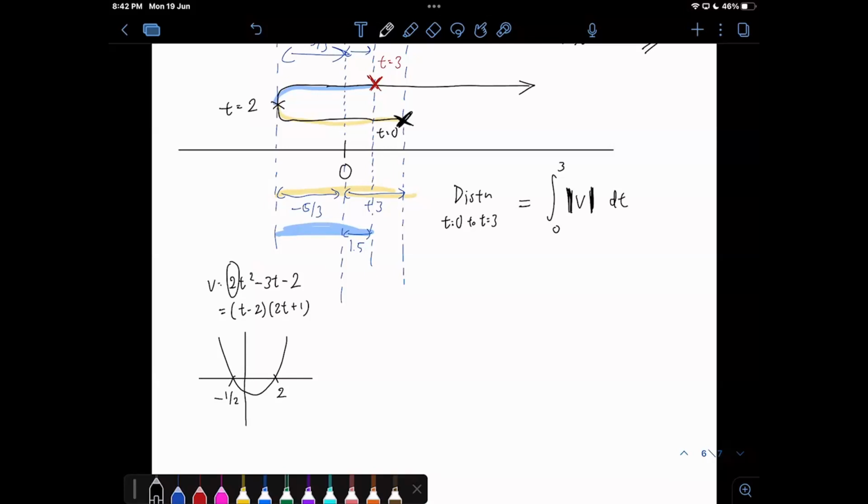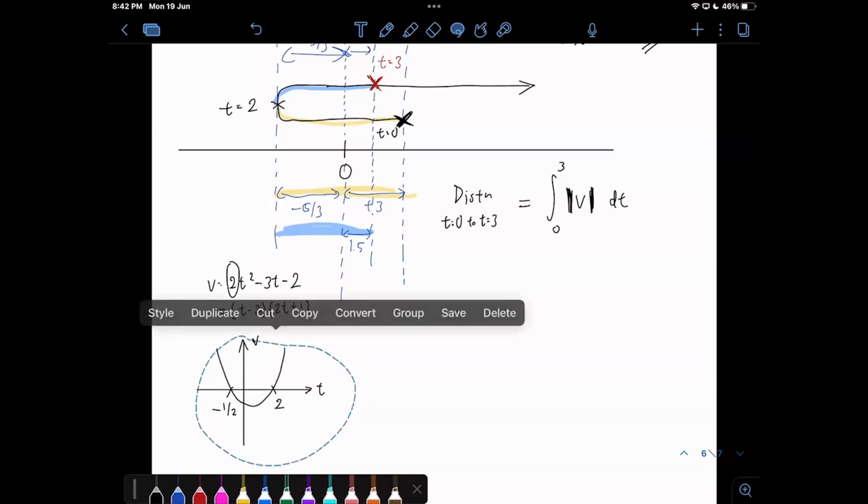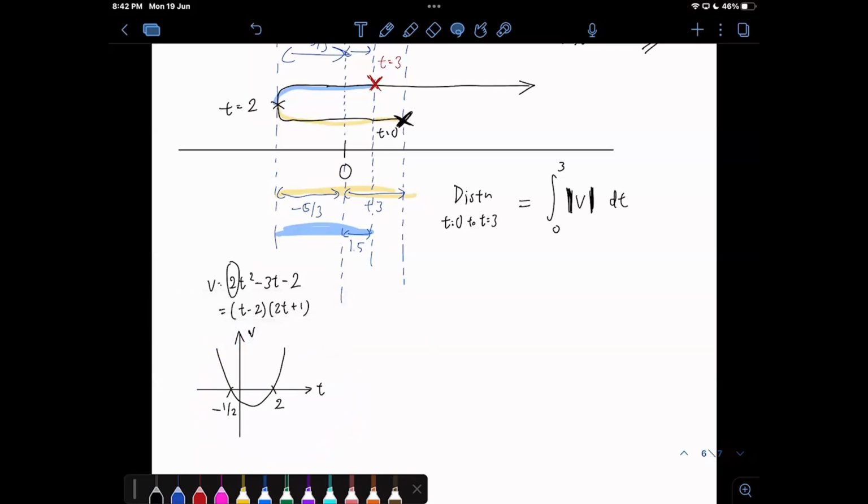Must be somewhere over here, right? So that's my v-axis. That's my t-axis. Let's make it a little bit more accurate. Somewhere like this. Let's try and figure out what's the y-coordinate at that point when t equals 0. So when t equals to 0, v equals to, let's see, -2.